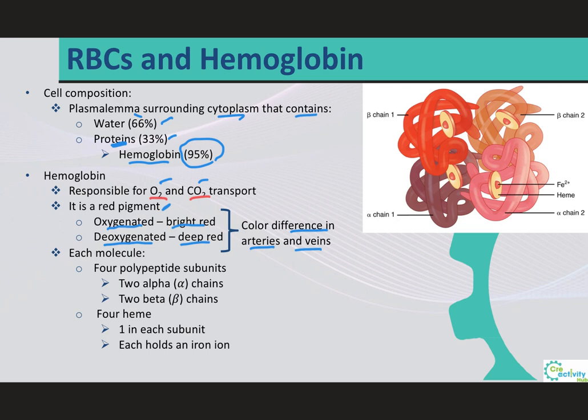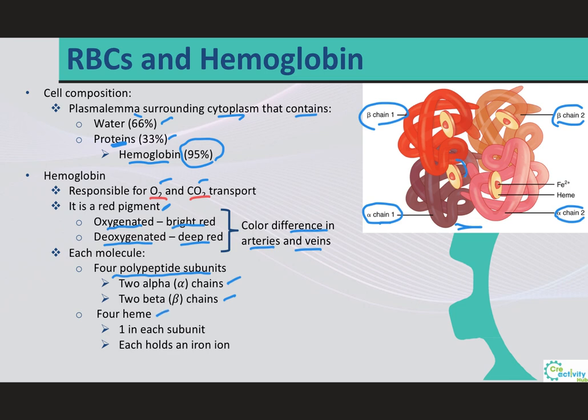Each hemoglobin molecule has a complex shape, as we can see here on this image. The molecule is going to be composed of 4 polypeptide subunits. There are going to be 2 alpha chains and 2 beta chains, and these represent the globin part of the hemoglobin. Each of these globin subunits will contain a single molecule of heme.